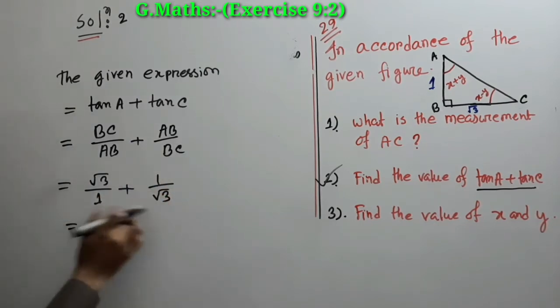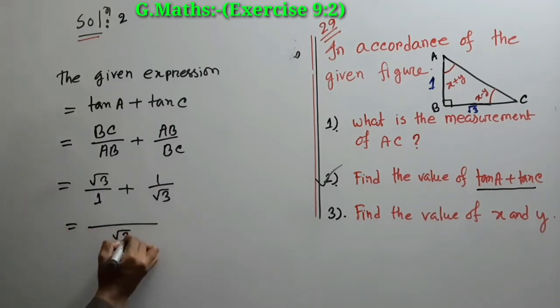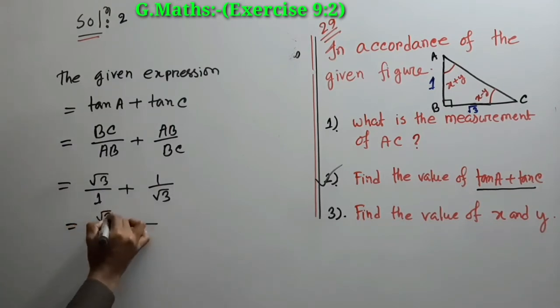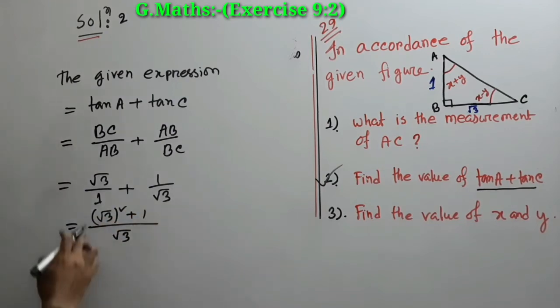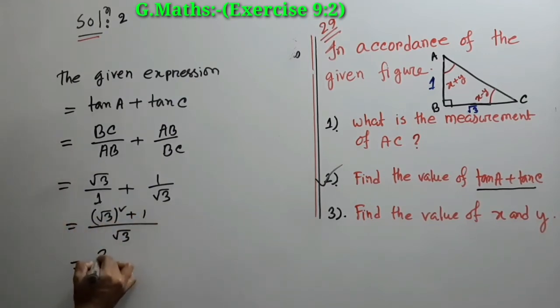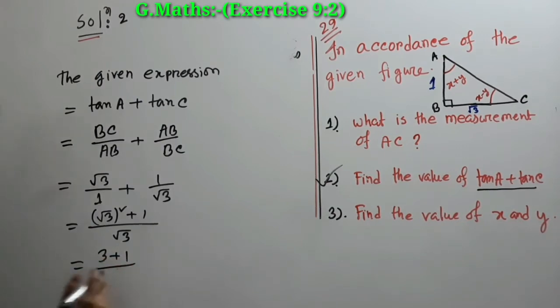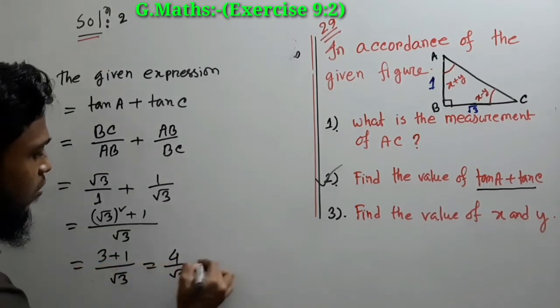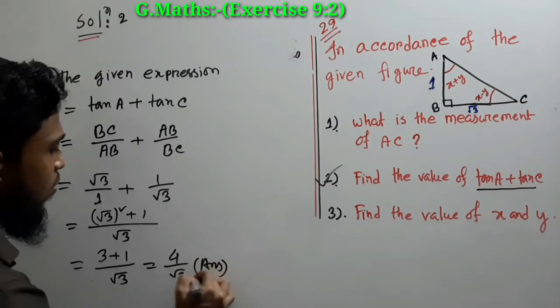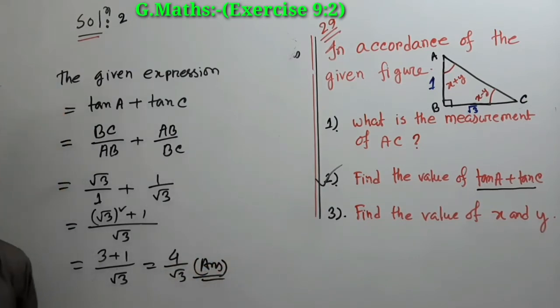The LCM of 1 and root 3 equal to root 3. So root 3 whole square plus 1, this equal to root 3 whole square, that is 3, plus 1 by root 3 equal to 3 plus 1, that is 4 by root 3. This is our answer. I think dear students understand this calculation.